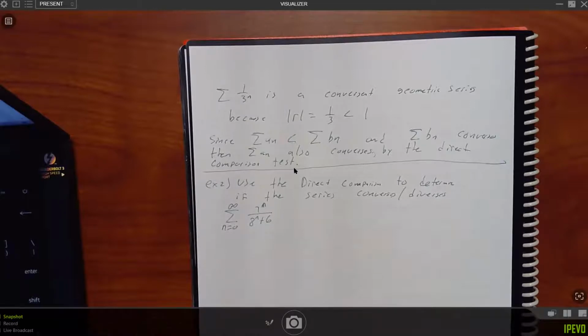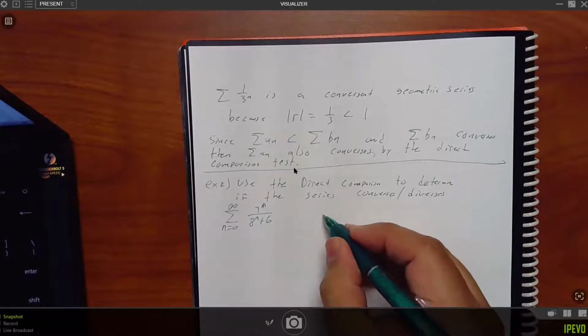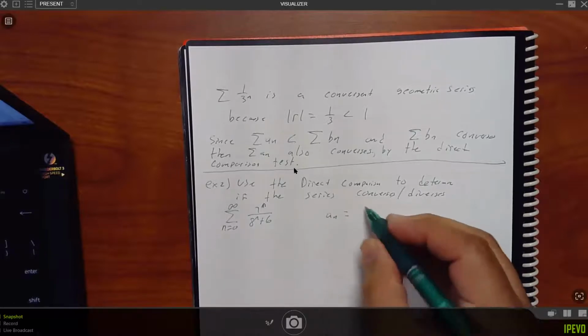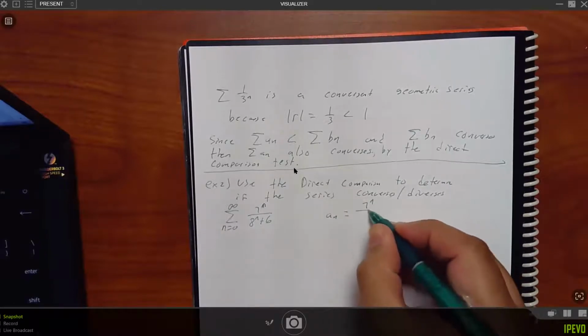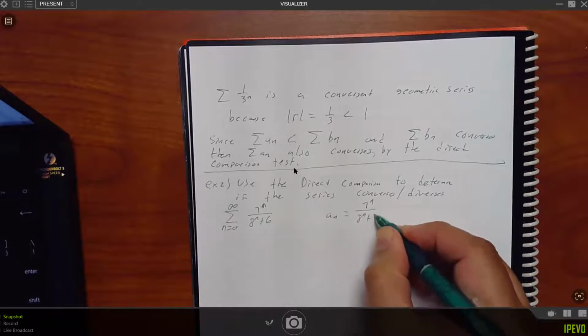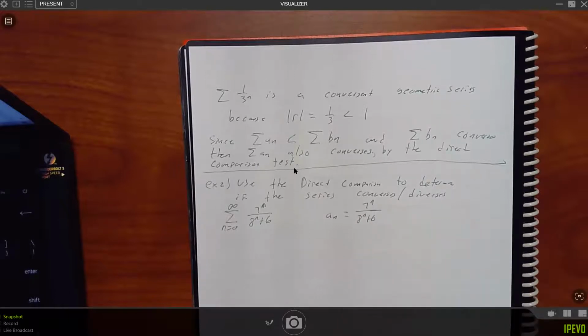So if we do what we did last time, if the sequence a sub n is this, what do you think the b sub n should be? So we want it to be similar, and we want it to be obvious which one's bigger.